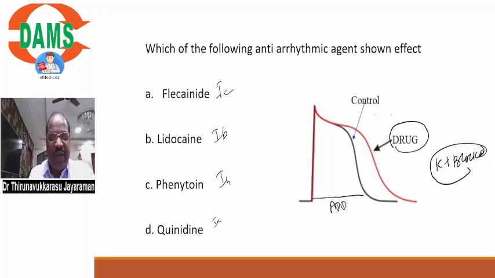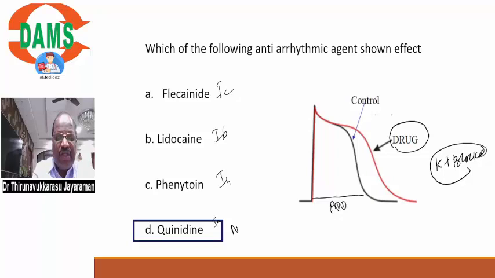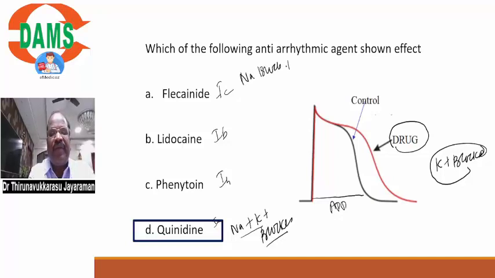The 1A drug has sodium blocking property plus potassium blocking property, so definitely they have risk of causing QT prolongation. Flecainide is a purely sodium blocker, with no significant effect on potassium, so it doesn't prolong APD.